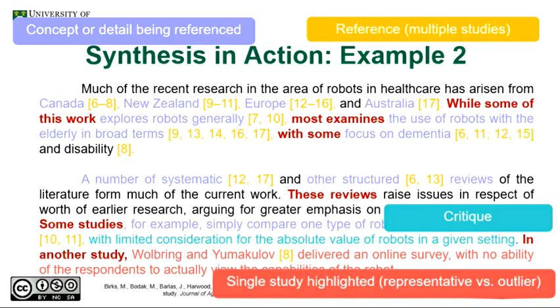And toward the end of this excerpt, we see that there is one instance where one source, one study, has been identified with more detail. And this, again, reflects some disciplinary variation. So some disciplines, you would often have single studies highlighted in order to provide more detail.